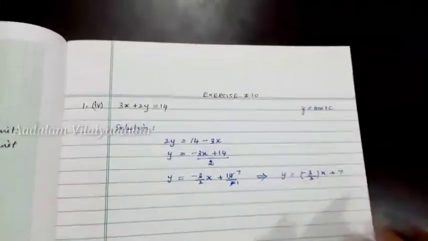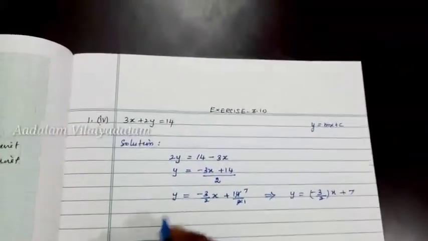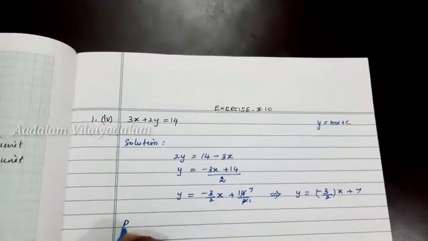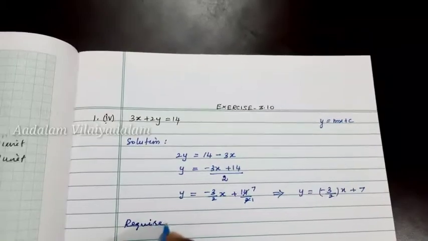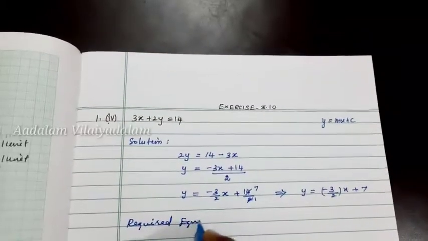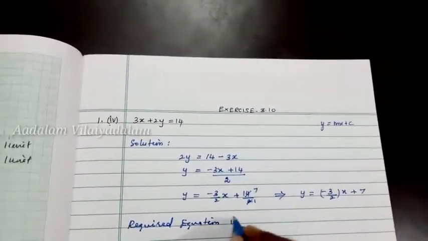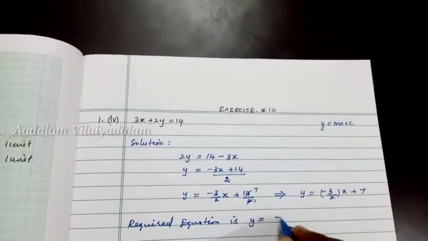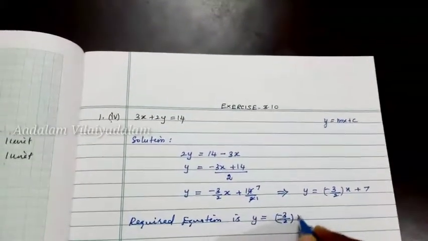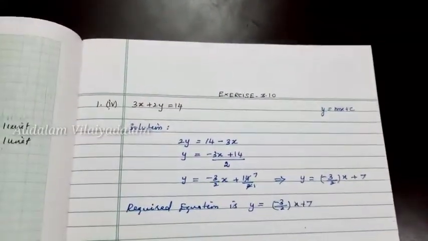The constant term is 7. So therefore the required equation is y equal to minus 3 by 2x plus 7.